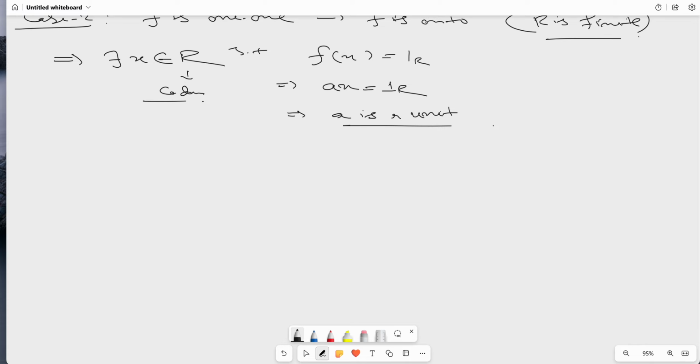So what else should I do here? Okay, so there is one more thing I have to prove here. A finite integral domain is a field. ID, I'm just writing in short, ID is a field.